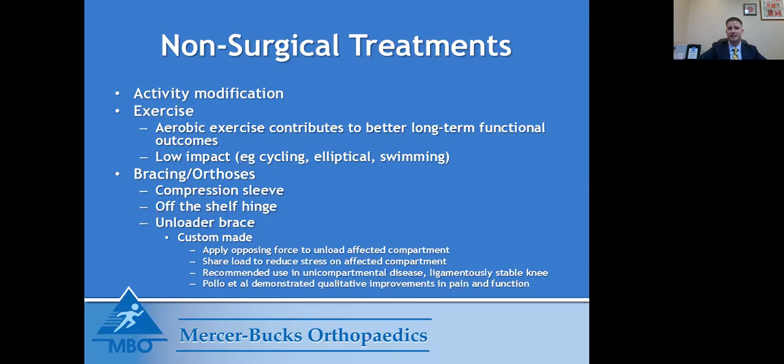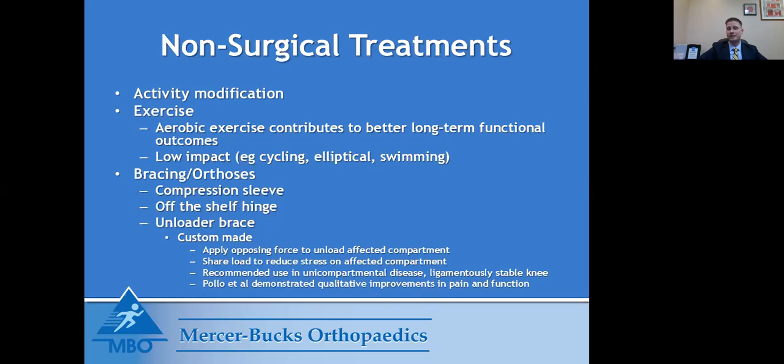There are off-the-shelf braces that have hinges that can provide a little side-to-side support. And we usually move on to these types of braces when patients have some feelings of instability, that the knee wants to give out on them, or if they're having some difficulties on uneven ground.